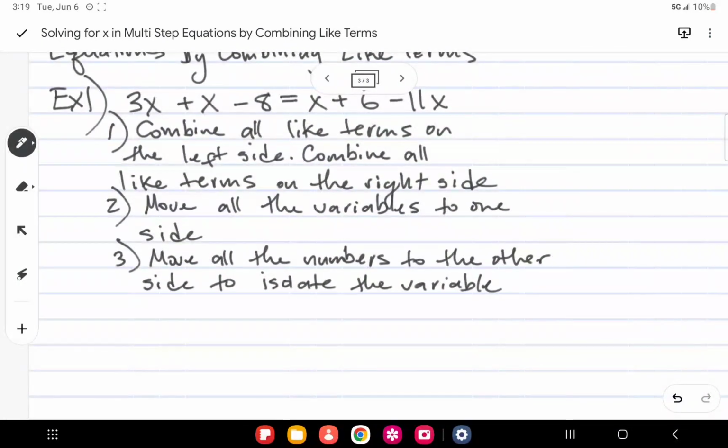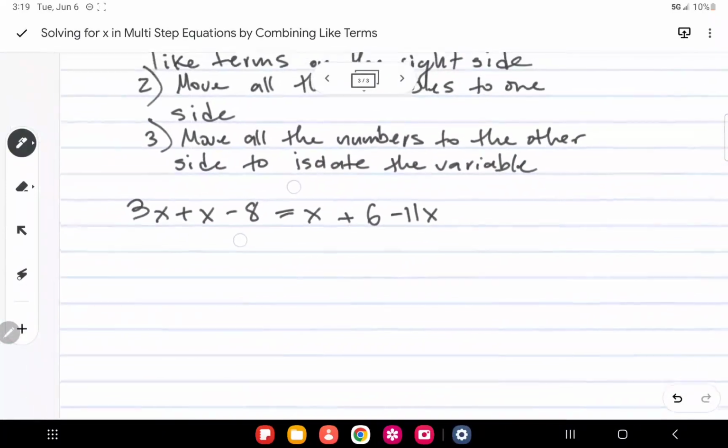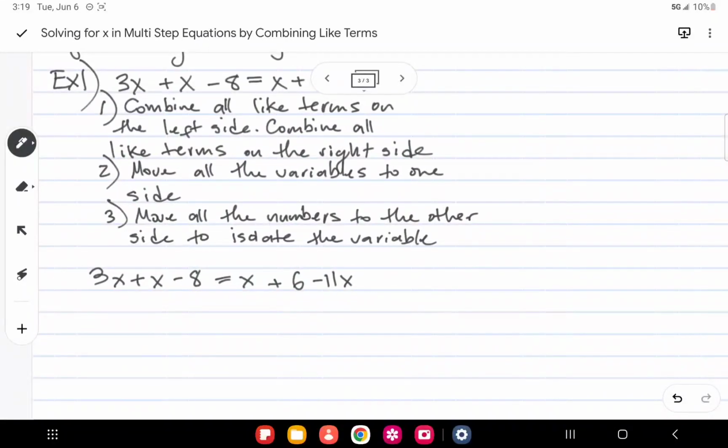Let's rewrite that problem. So we have 3x plus x minus 8 equals x plus 6 minus 11x. So the first step is combine all like terms on the left side. Okay, so let's draw the wall just so we can separate the left from the right.